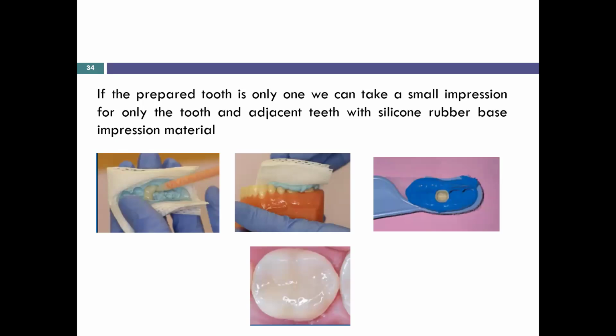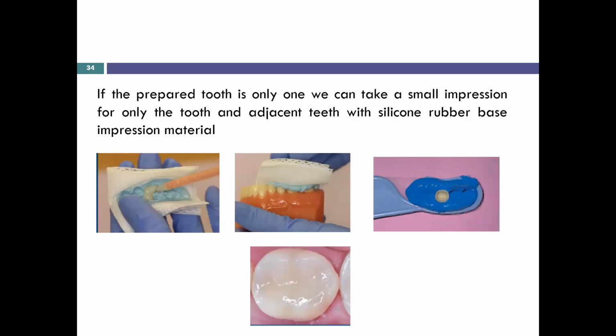Now this is also a single crown replacement, using a putty index. If only one tooth is prepared, we can take a small impression of only the tooth and adjacent teeth with silicone rubber based impression material, basically putty. We make a putty index, and the process is similar to what we did with the vacuum formed sheet.